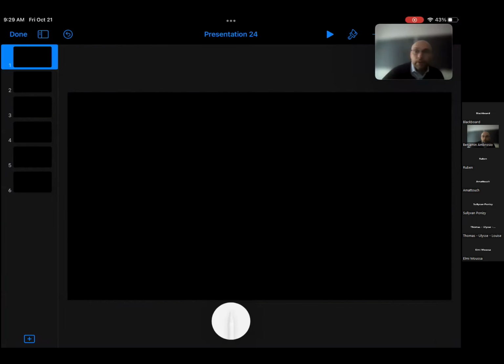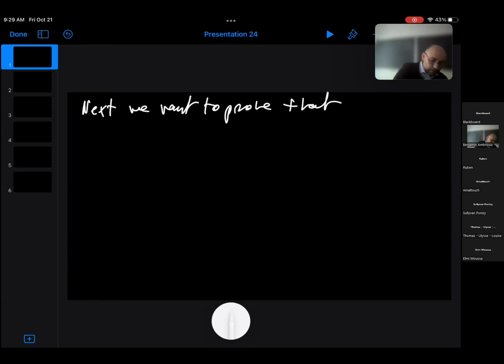So the next and final step for the proof of the necessary condition: we want to prove that, in fact, R_lambda is the inverse.